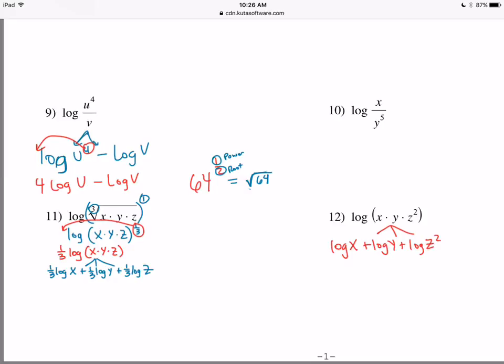And then we have to move the square to the front of just that logarithm because it only affects z. So final answer is log x plus log y equals 2 log z. Well, not equals, I'm sorry. It's just plus. There we go, 2 log z.